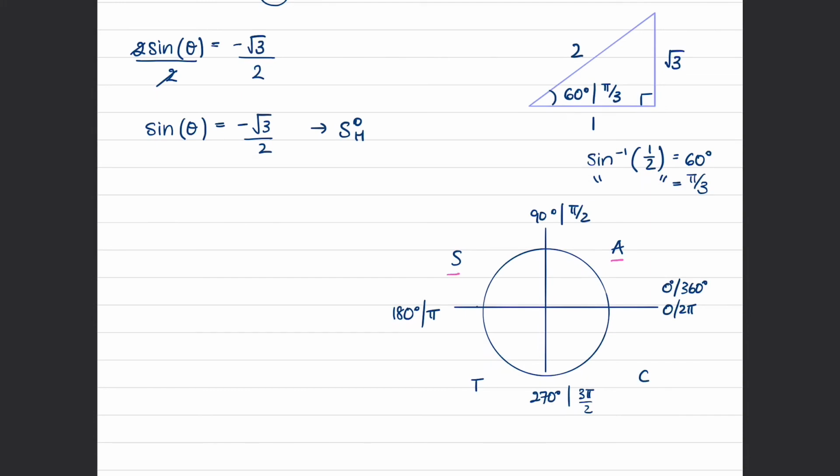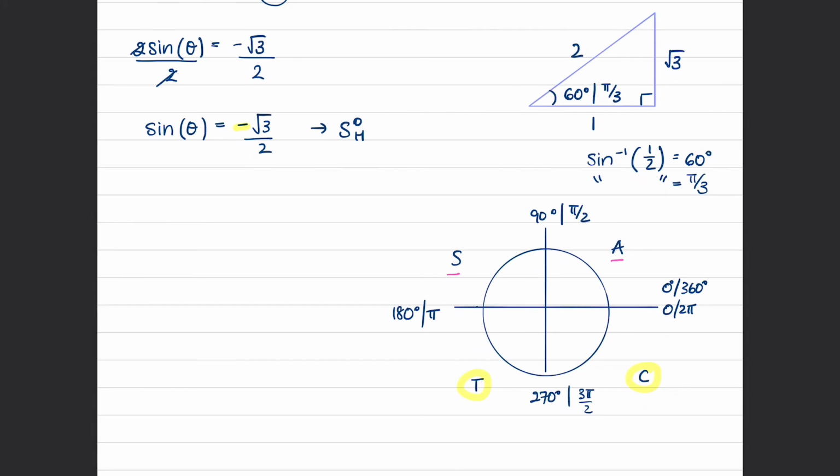However, we need to now bring back into the equation this negative. Because we have a negative, we're actually dealing with sine in the third and fourth quadrant, which means that sine is actually negative in both. So what that means for us is now we need to work out what the angle is in the third quadrant and what the angle is in the fourth quadrant.